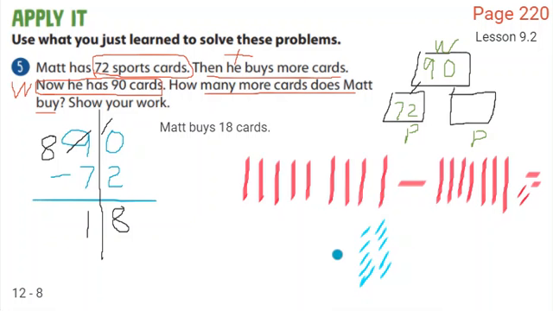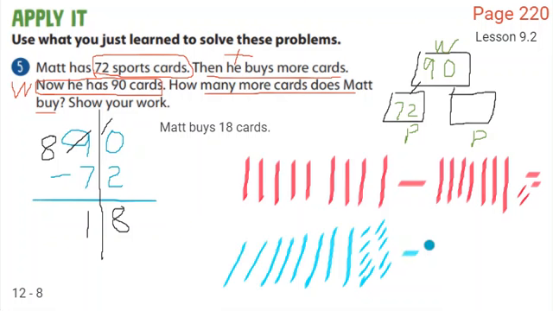So that's 1 ten, 2 tens, 3 tens, 4 tens, 5 tens, 6 tens, 7 tens, 8 tens, 9 tens. And I'm subtracting 1, 2, 3, 4, 5, 6, 7 tens, and 2 ones.